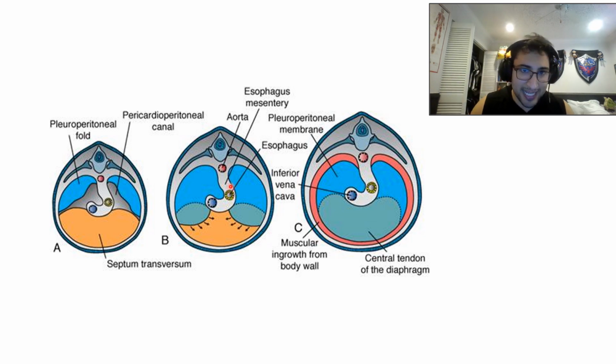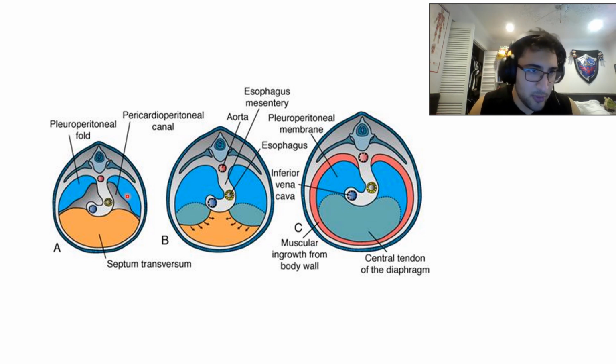And that's going to form part of the diaphragm. All right. Now, they're going to keep on growing, and notice that they're starting to cover the septum transversum. So they're growing in here and they're starting to surround the aorta. And that's going to form the crura of the diaphragm. But don't worry about that right now. Not high yield and not important at the moment.